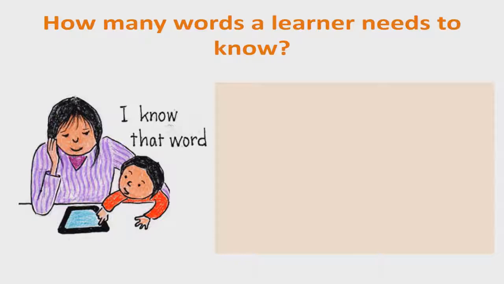Now, how many words does a learner need to know? A remarkable difference between first and second language learning is the size of the lexicon in each case. For instance, an educated native speaker can have a vocabulary of around 20,000 words.